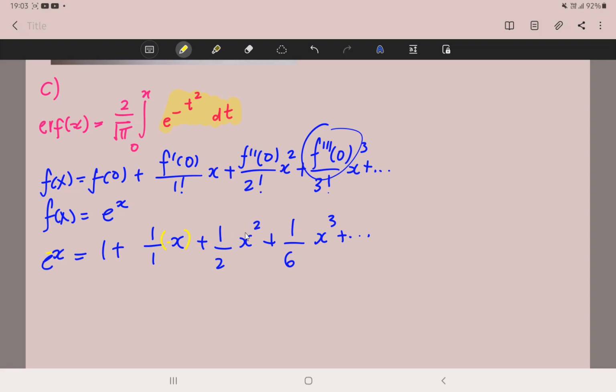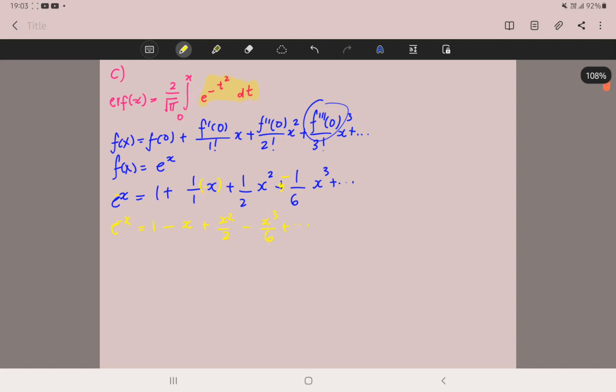So this is plus. And this is minus x cubed, so we have minus over there. So our new expression is e to the minus x equals 1 minus x plus x squared over 2 minus x cubed over 6 plus dot dot dot.